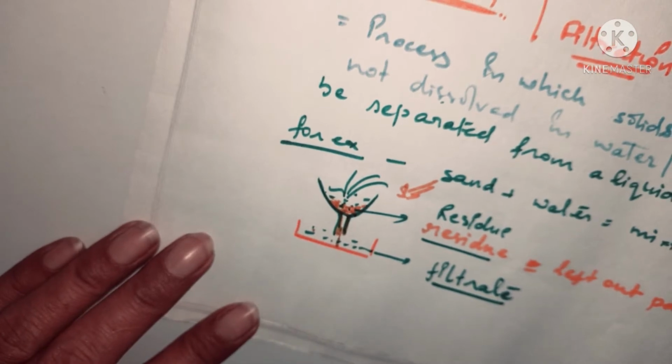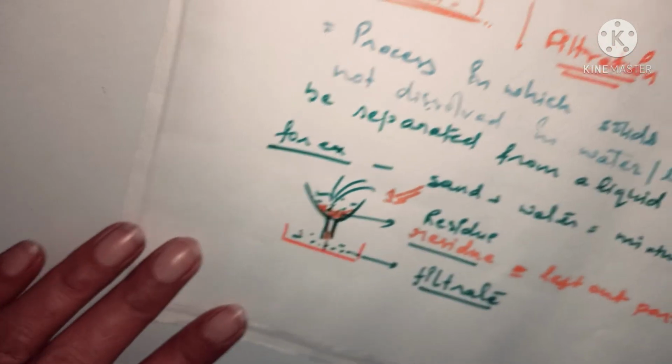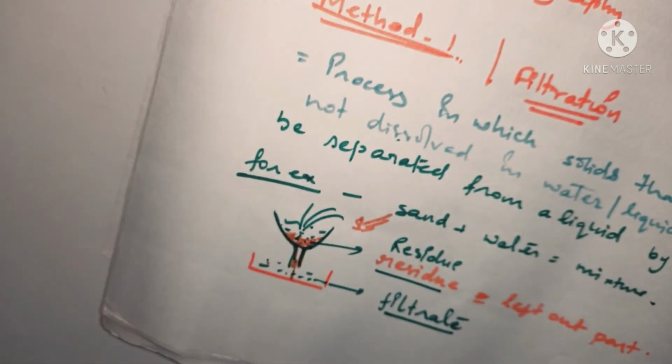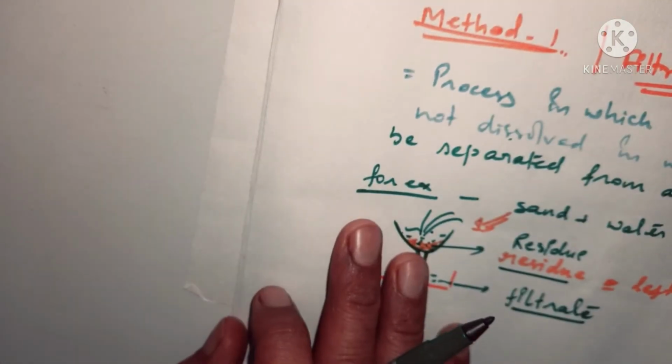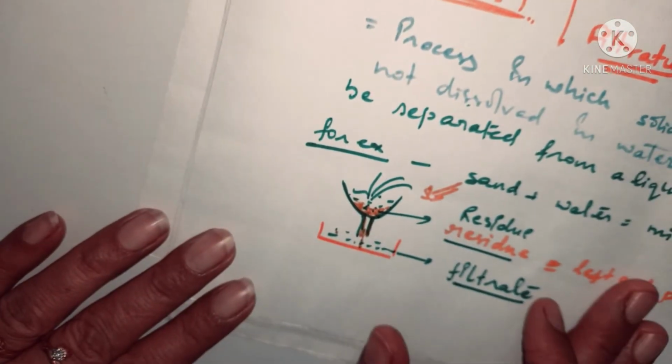When we make tea, we filter the tea leaves out of the liquid tea, isn't it? Muslin cloth is also used for filtration. This is how we use the filtration method to filter out solids from liquids.